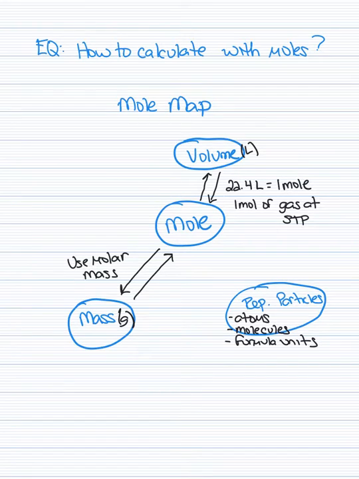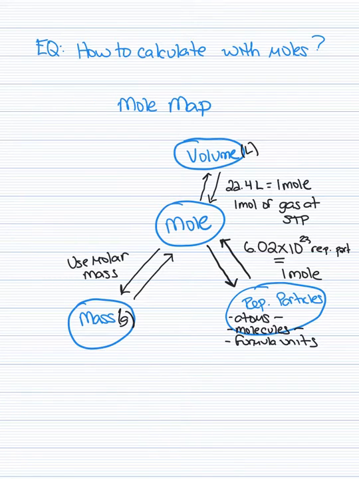And to go from moles to representative particles, or from representative particles back to moles, we are going to know that there are 6.02 times 10 to the 23rd representative particles in 1 mole. So therefore there are 6.02 times 10 to the 23rd atoms, molecules, or formula units in 1 mole.